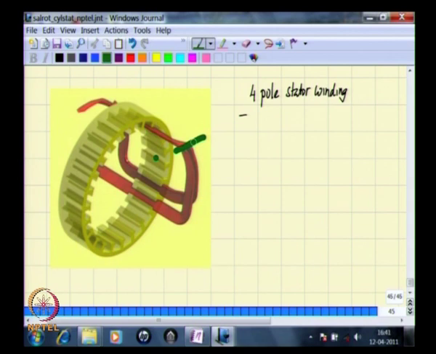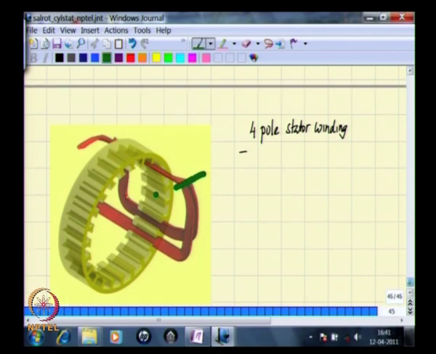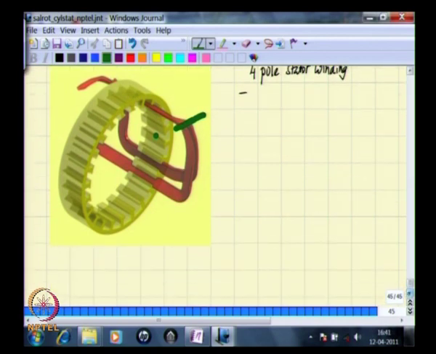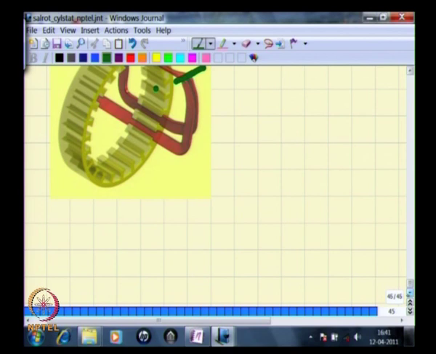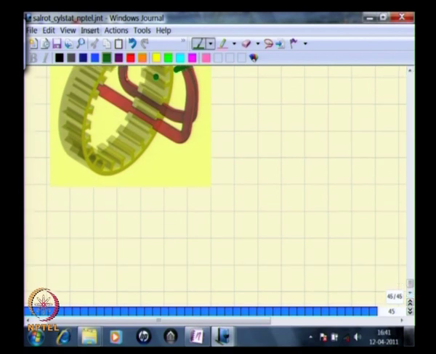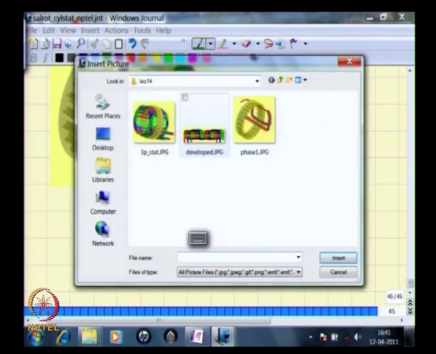Now in the electrical machine there are likely to be more than one machine windings, and let us look at the developed view of this. That is the way normally machine windings are represented.